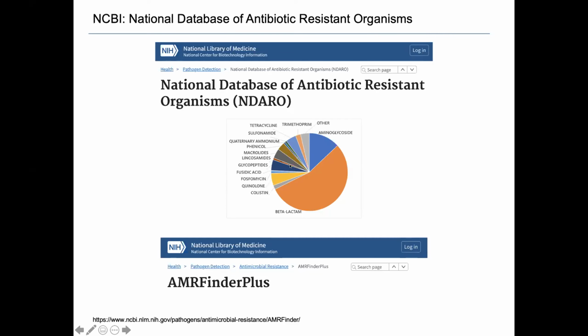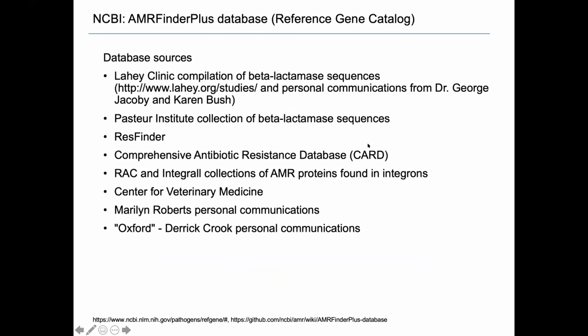And so this pie chart is just highlighting the distribution of the current organism phenotypes that are currently stored in NCBI. So as I previously mentioned, NCBI has a reference gene catalog that is also used by AMR Finder Plus to identify AMR determinants. And so NCBI has developed this database using a number of resources, including previous ones that I've mentioned in this talk, but I won't go through them all today, but it is just good to know that they are very thorough with their search.